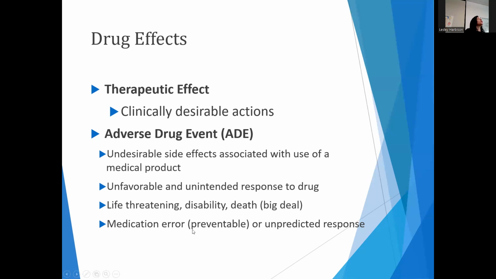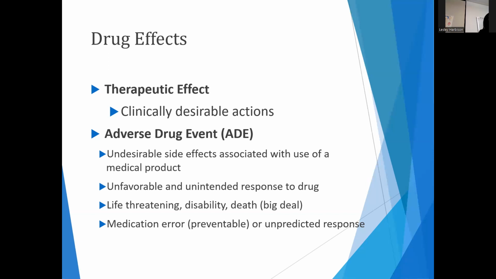Like maybe the doctor had an oopsie doopsie moment and wrote you the wrong prescription and gave way too high of a dosage. And so it can be a preventable error. Like they gave you the wrong medicine, they gave you the wrong dosage. So medication error or an unpredicted response. If it's an unpredicted response, that's really not super preventable.